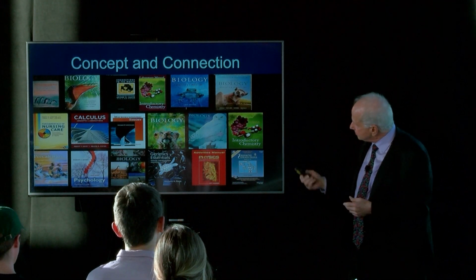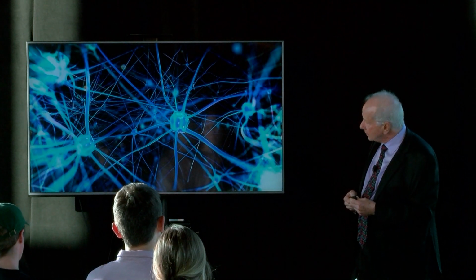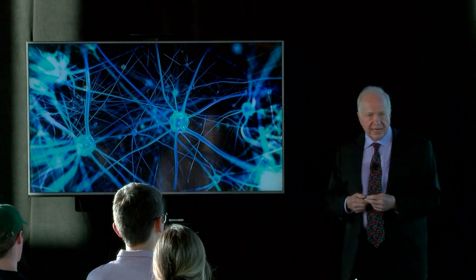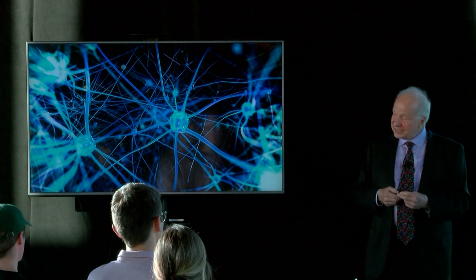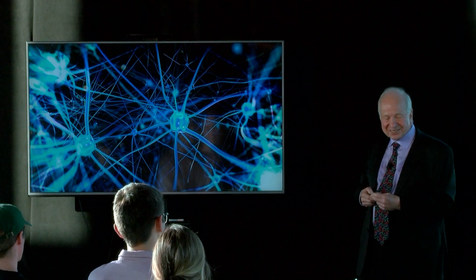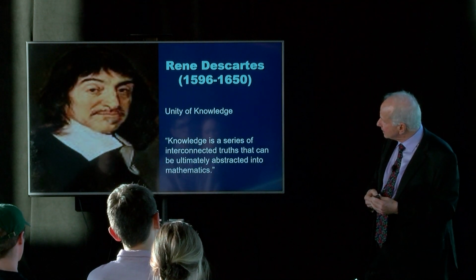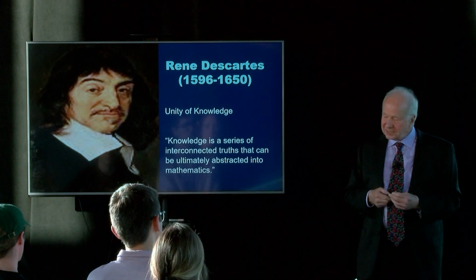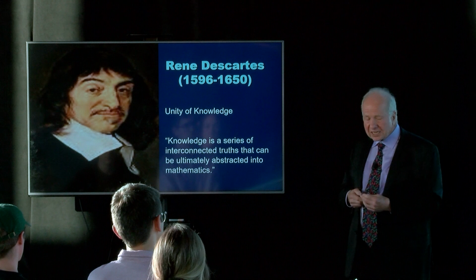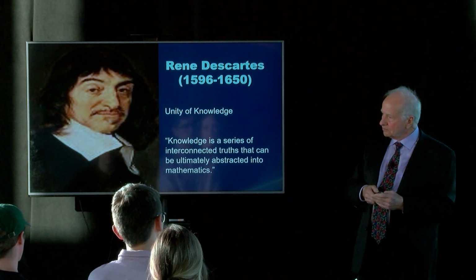So here's just, like the book's concept and connection. Well, if you think about our brain, we've got 10 to the 10th neurons, and each neuron has 7,000 connections. It's concept and connection again. Now, I found this to be fascinating, that Descartes had a series of dreams that really shook him up.